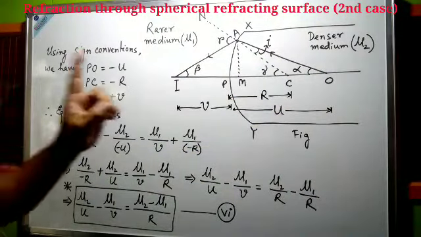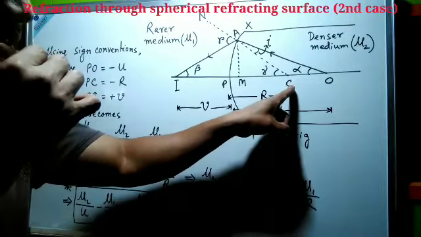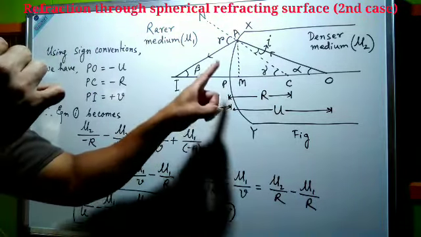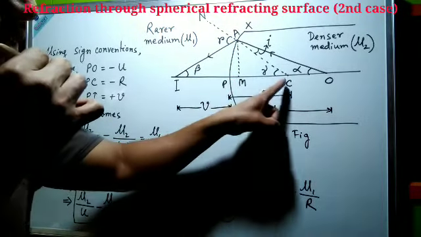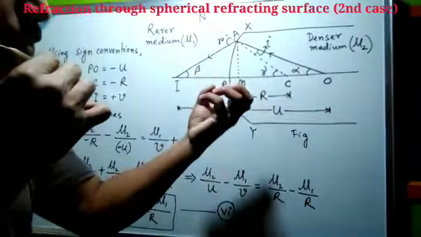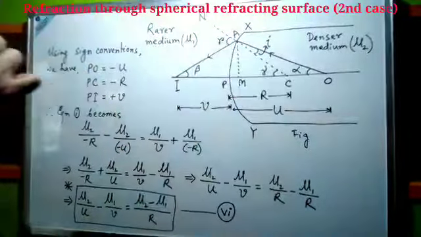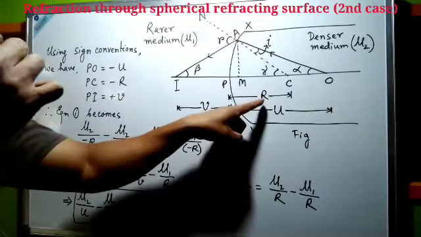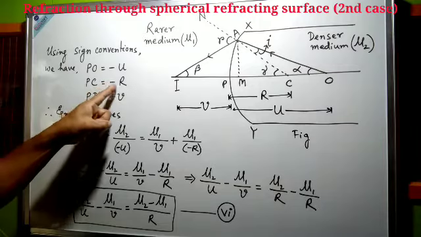And similarly radius of curvature, that is the distance of center of curvature C from the pole. So direction of measurement of radius of curvature, that is from P to C, is also opposite to the direction of incident light ray OA. So the value of capital R should be negative. So here we may write PC equal to minus R.